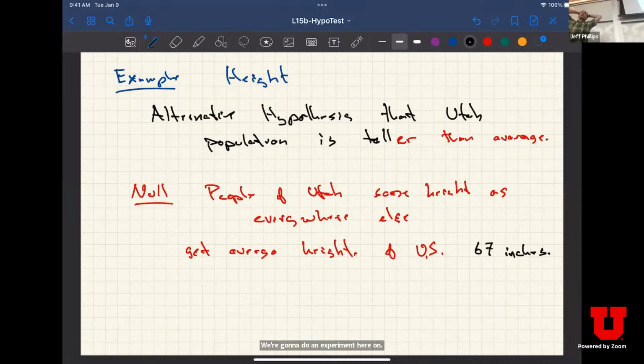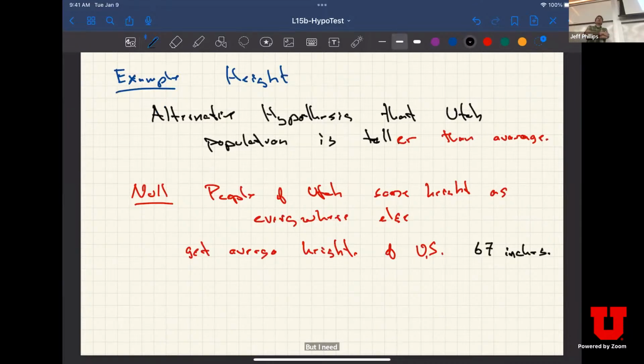So let's say the average height of people in college across the US, and that's how I got 67. It might be a little bit lower, but older people tend to be shorter actually. Once you get older, you shrink a little bit, but the average height of the population has also been growing. So older people were part of an older generation. So let's say 67 inches, just a simple round number.